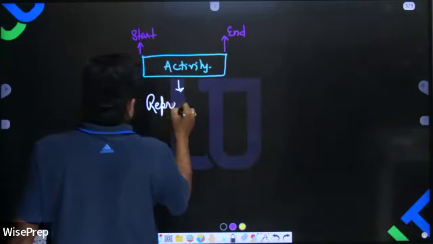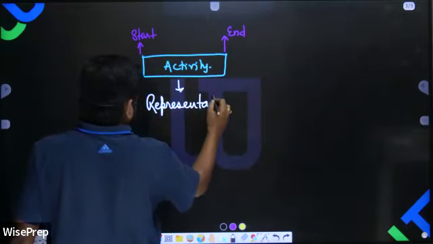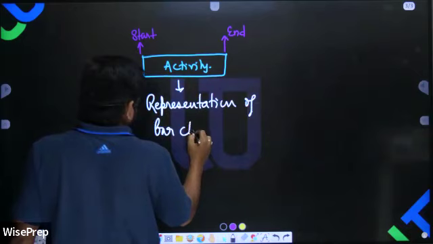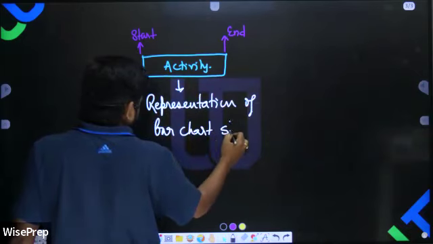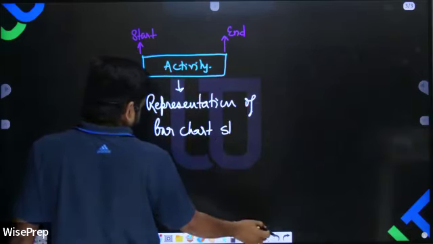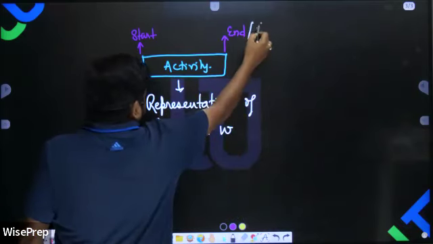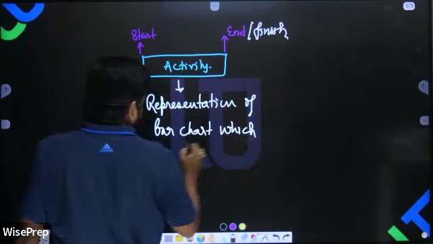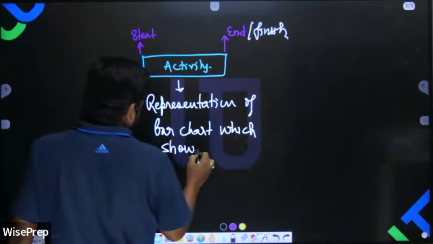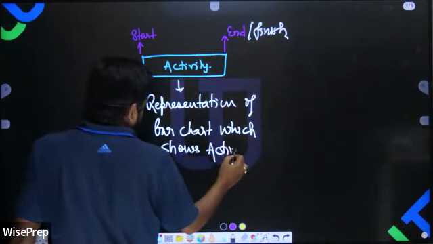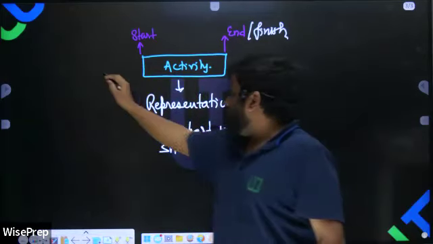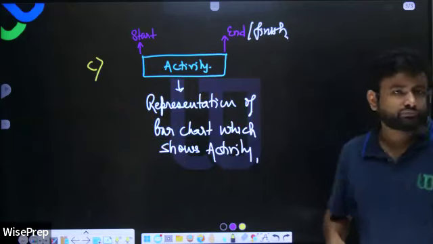This is the representation of a bar chart, and the finish point shows the activities.